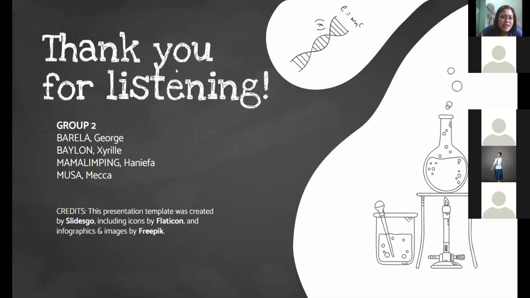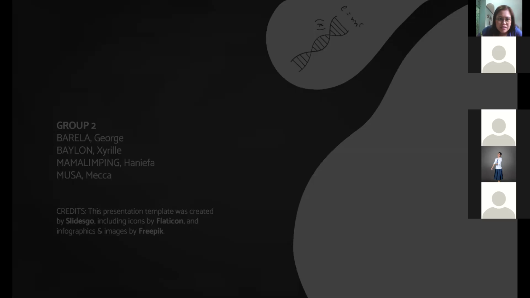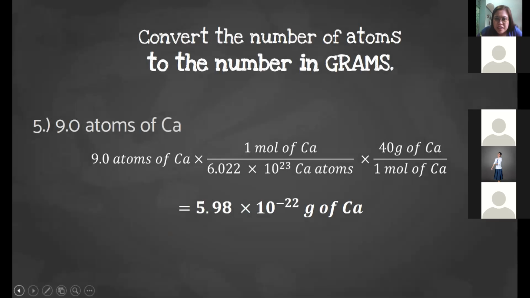Do not unshare, go back to the previous slide, Mecca. What do you mean, Janica? My calculator gives a different output, a different rounding but the same number. What do you mean by that? For example, this one with calcium: the given is 9.0 times 1 mole of calcium times 40 grams.